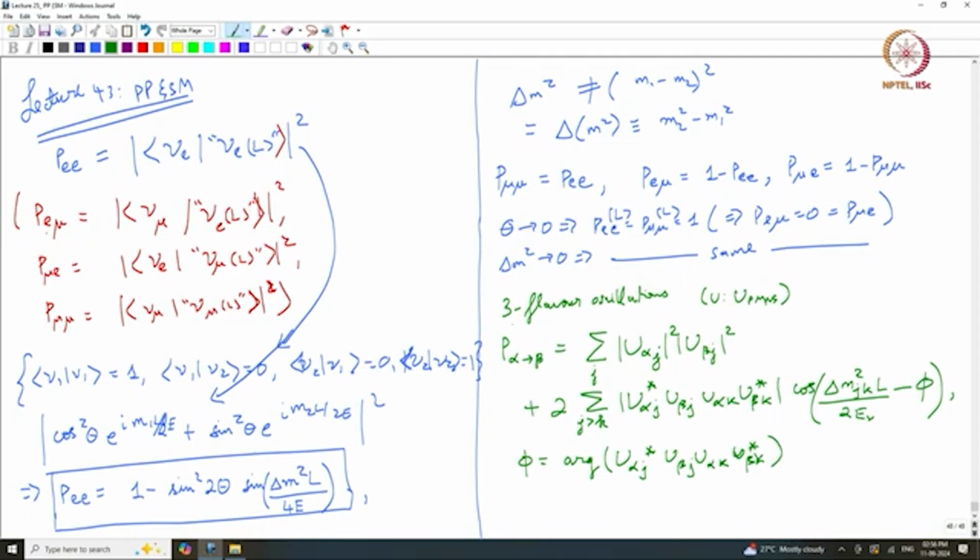So I suggest the first task for you: set one of the, let us just call it alpha I, to 0, to get the 2 flavor formula, the 2 flavor probability.